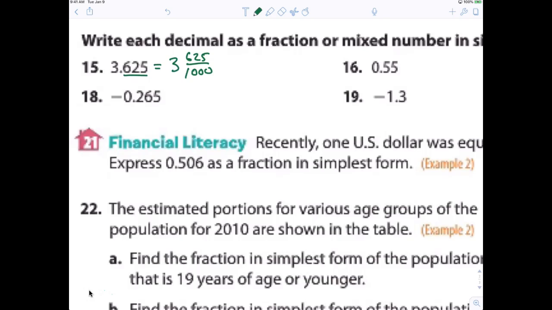Now, I have to reduce that. That's the annoying part. If I reduce that by 5, I'm going to get 3 and 125 over 200. And then I can reduce by 5 again, so it's going to be 3 and 25 over 40. Then I'm going to have to reduce it by 5 again, which becomes 3 and 5/8. Okay?